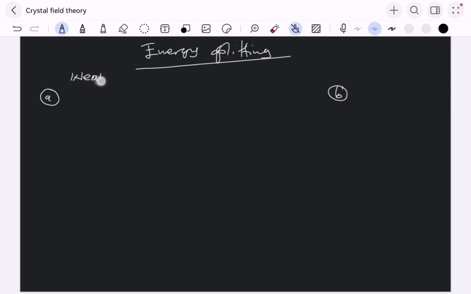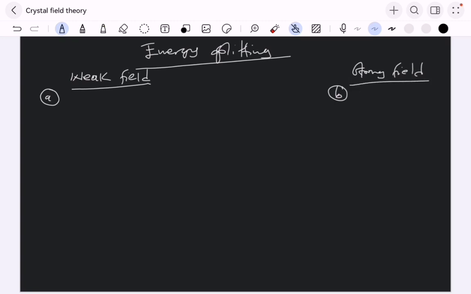So in terms of energy splitting or energy distribution, we're looking at two scenarios here, and I'm going to give more details about this because we have what we call a weak field and we have what we call a strong field.